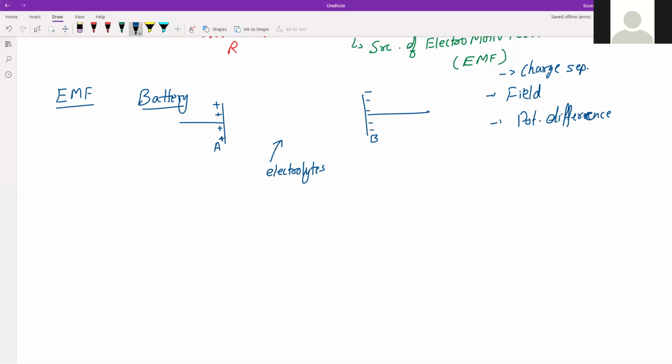So as I said, the charge is built up, and on the two terminals A and B, a potential difference is set up between them. An electric field is set up in the electrolyte from A to B. So there is an electric field in this direction, and there is a potential difference between these two.